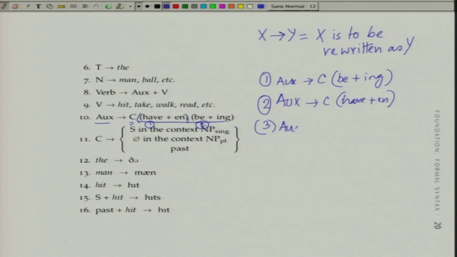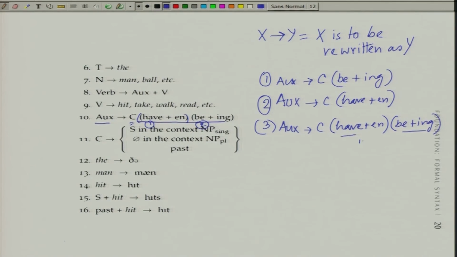I could have made this rule, aux goes to C plus have N plus B plus ing. But the point is, one meaning of this bracket is, if I choose both, that is have N and B plus ing, I have to maintain this order.